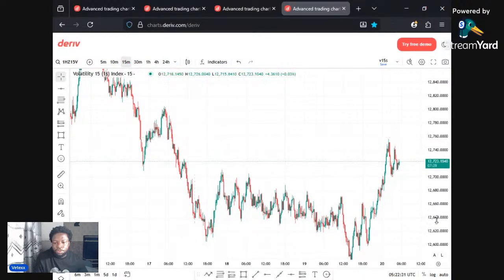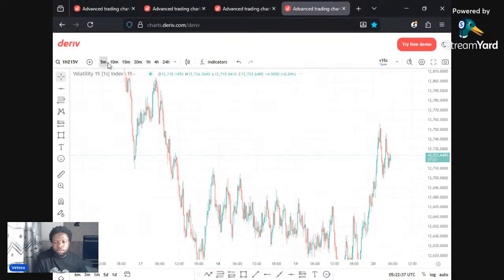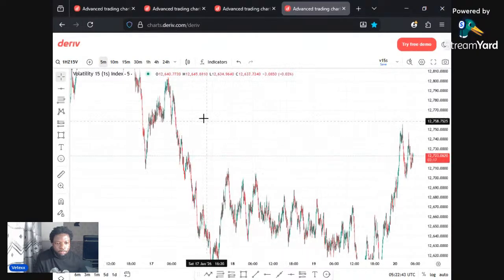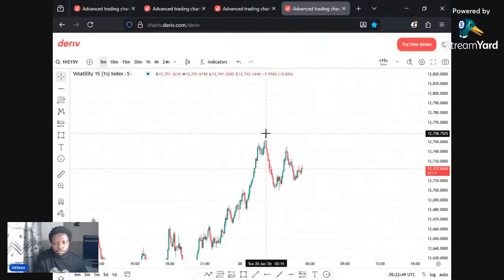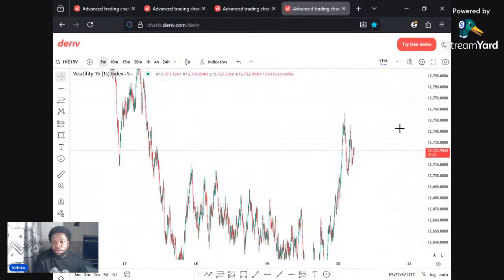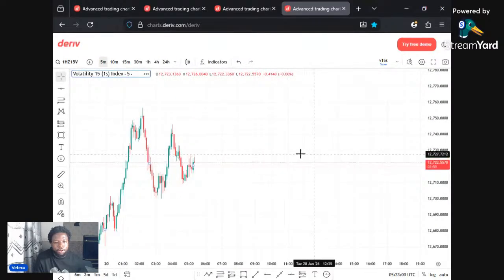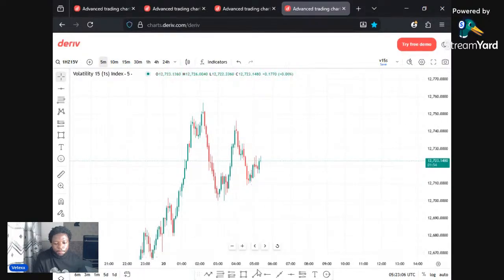So what do you have on the 15 minutes time frame? Currently we don't have anything on the 15 minutes time frame, except this 5 minutes time frame does something like this, because clearly you can see there is a sweep here.